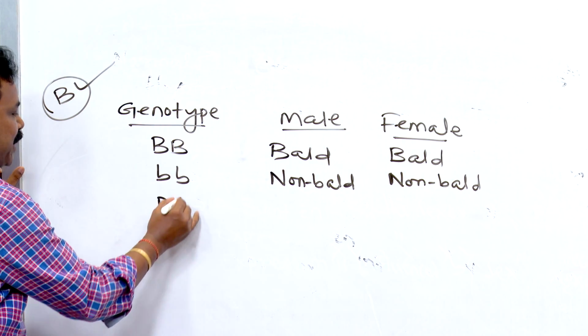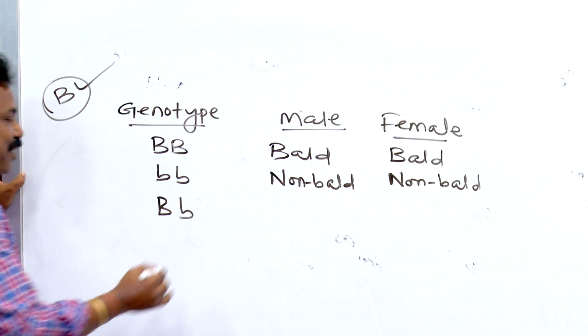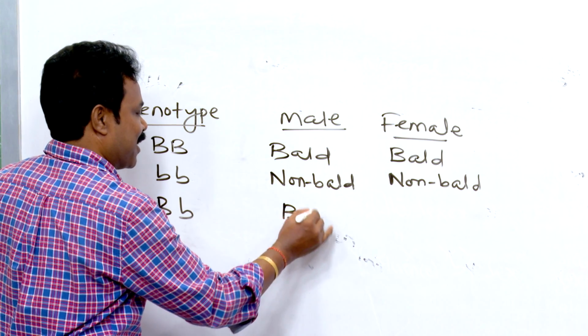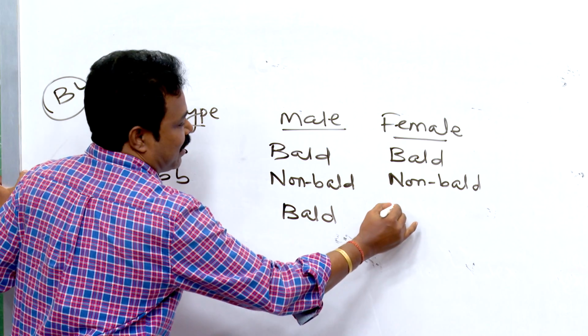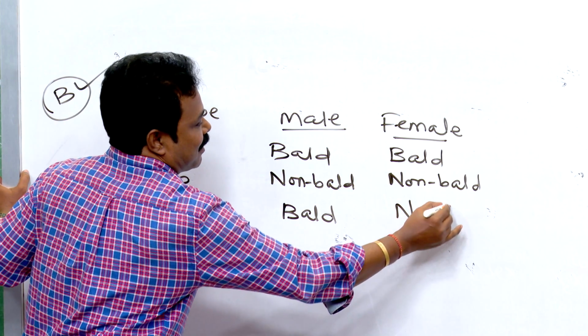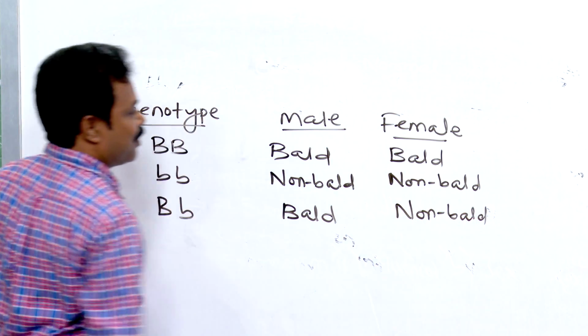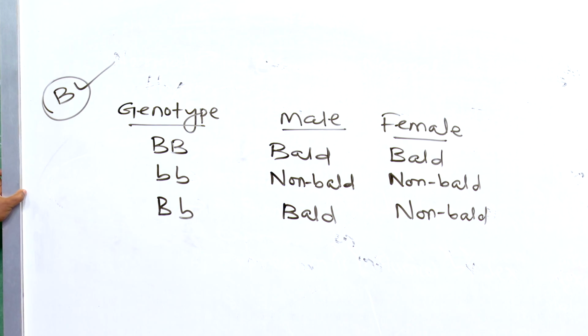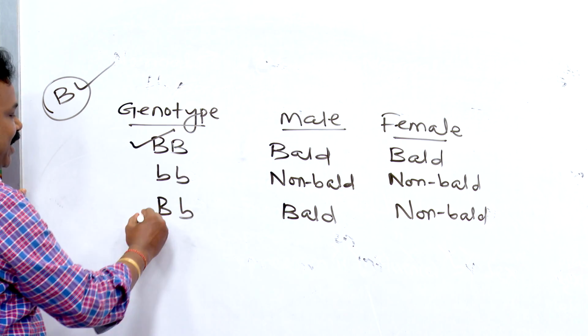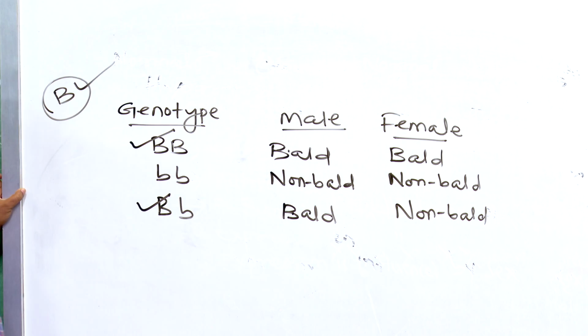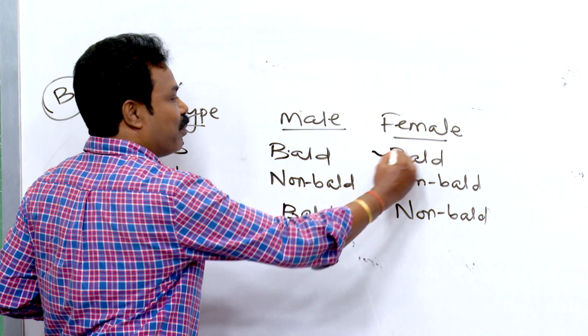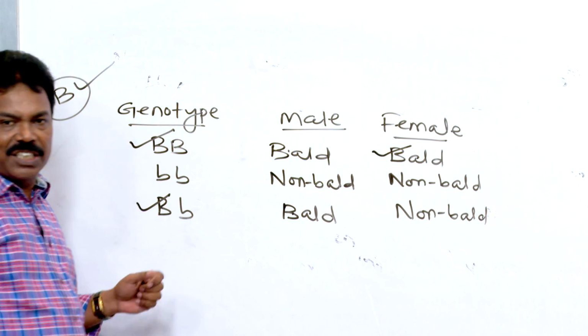But capital B, small b: males are bald, but females are non-bald. So in case of male, it expresses in both homozygous and heterozygous condition. But in case of female, it expresses only in homozygous condition, not in heterozygous condition.